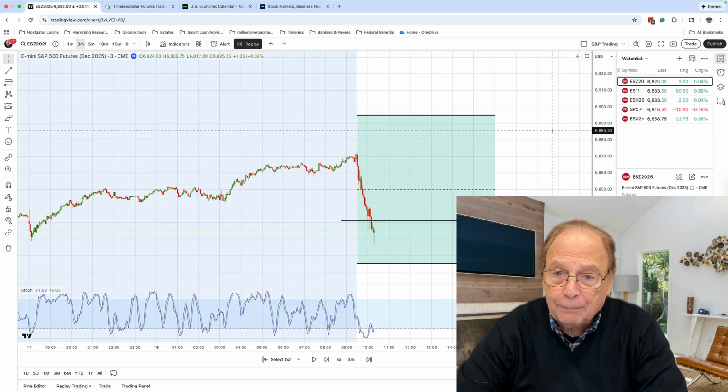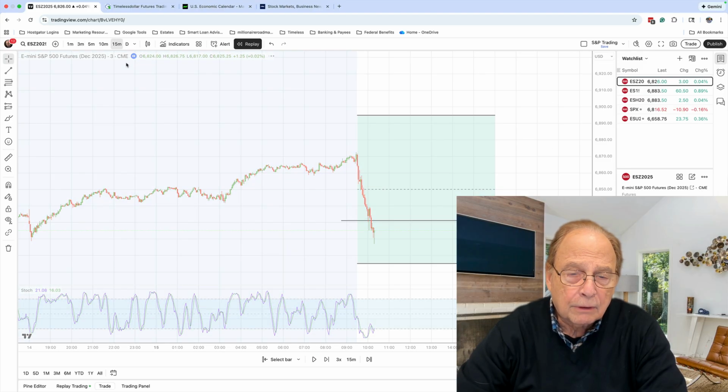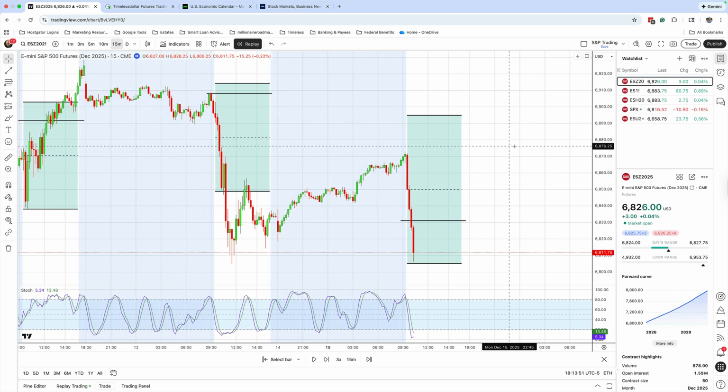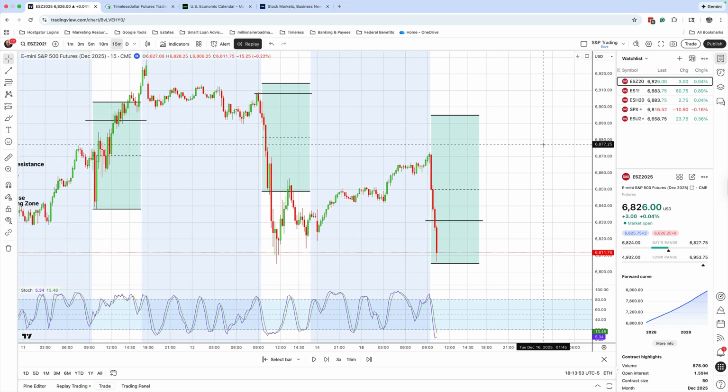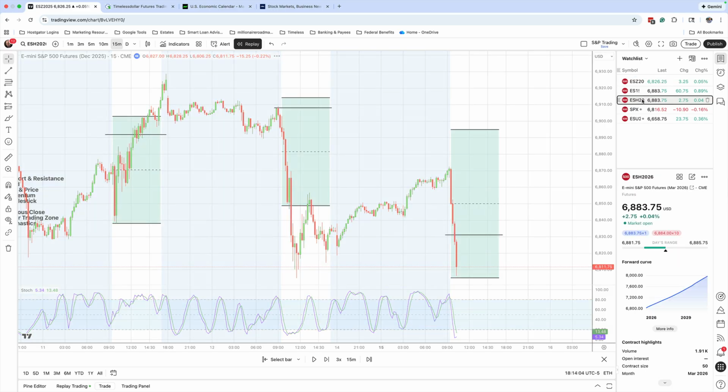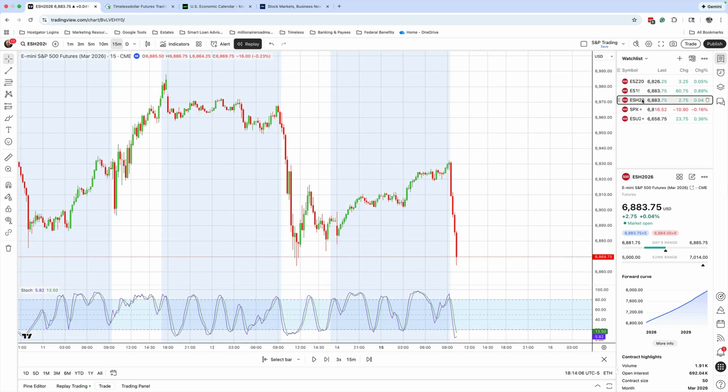Now, just to give you an idea, will the trading zone work on the March contract? Yes, it will. I'm going to bring my chart to a 15-minute chart. All right, I want you to eyeball this. This is the ESZ 2025, and I'm going to switch to the ESH 2026. Just look at the prices. I'm going to switch right now. Virtually the same, right? Virtually the same price action.